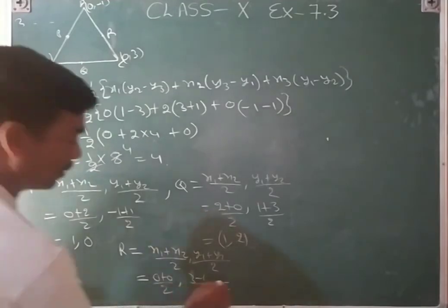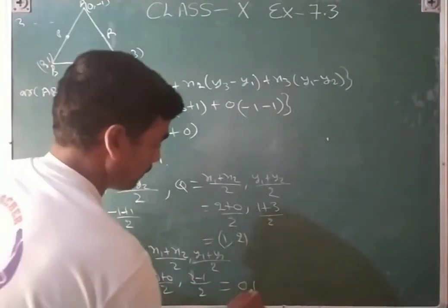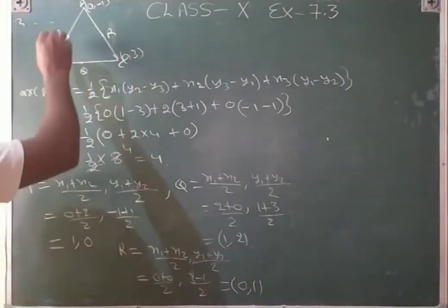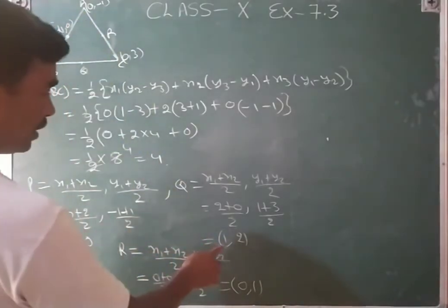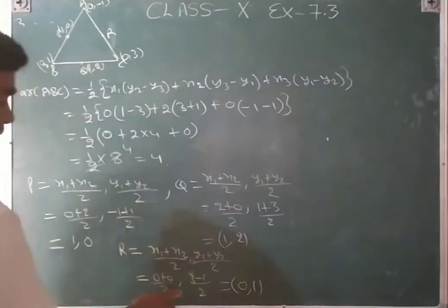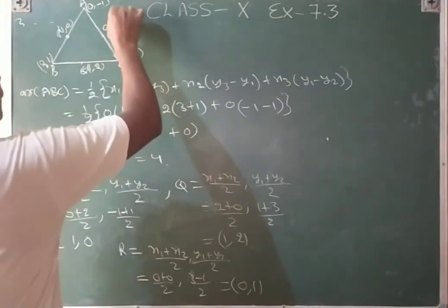By the calculation that will be 0 comma 1. These points are here. So first of all, P point we will write here 1 comma 0. Q point is 1 comma 2, and then R point is 0 comma 1.